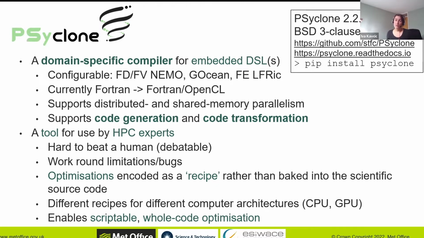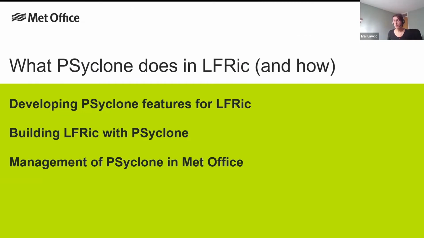So the optimizations are encoded as a recipe rather than baked into the scientific code. We are currently operating PSyclone with CPU optimization support for LFRic, and we are working on the GPU support.